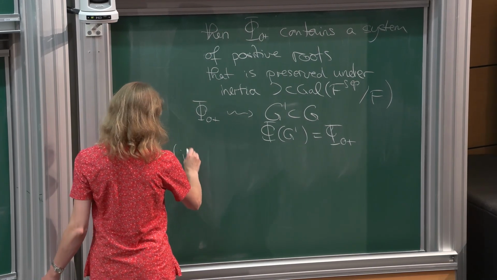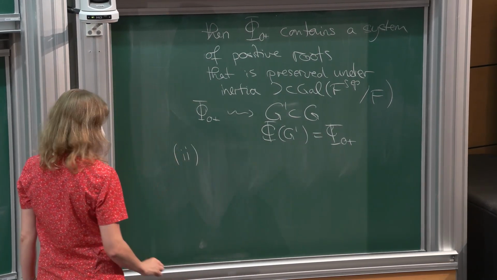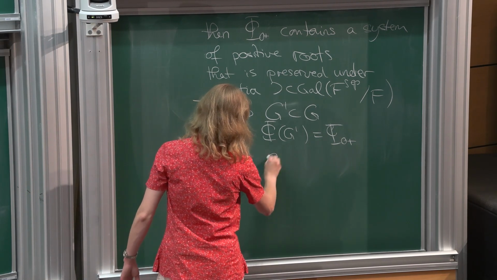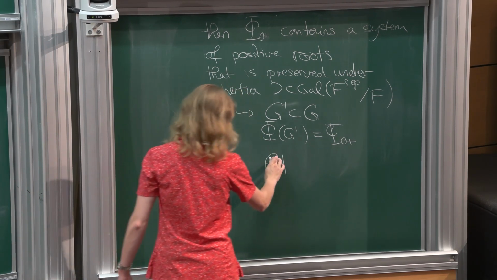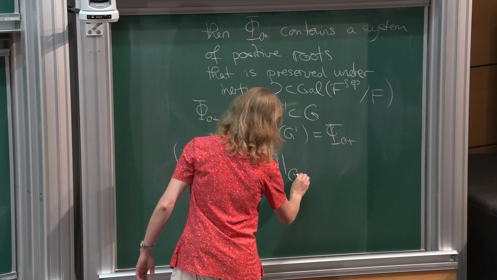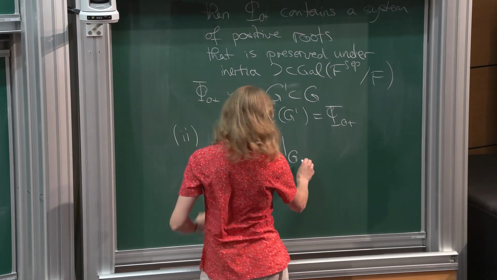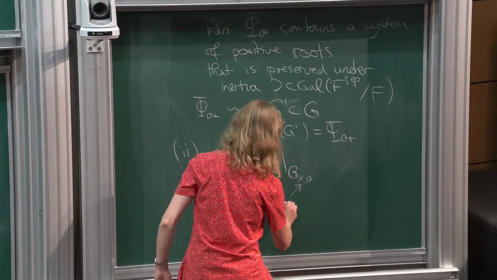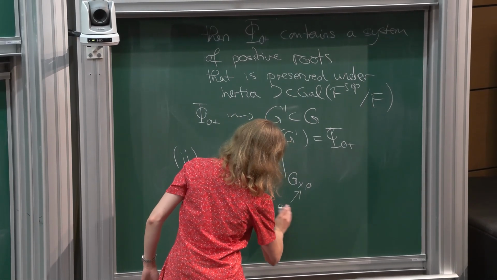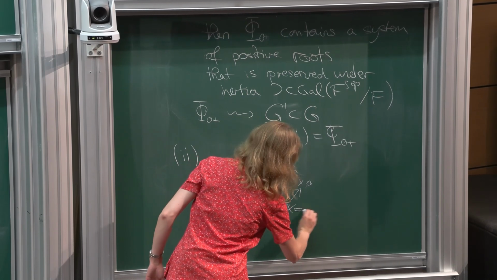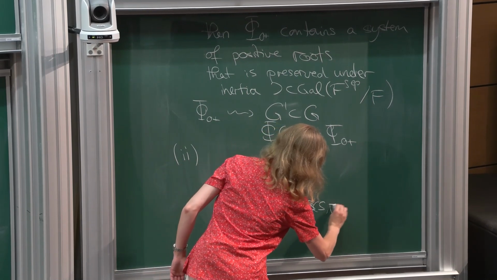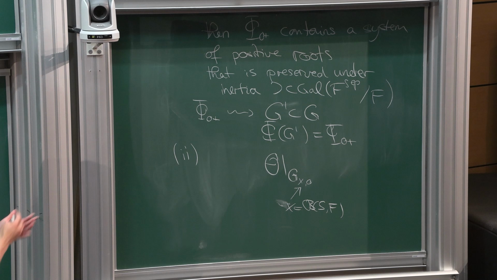And then the second condition is that if we now restrict our character to gx0, where x is the point, x is equal to the building of S. S gives us again a point in the building.